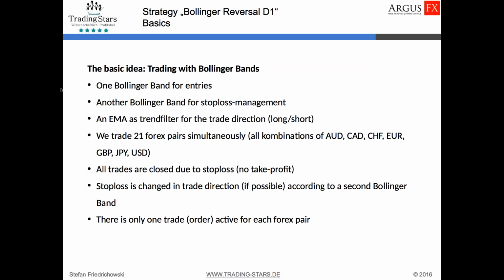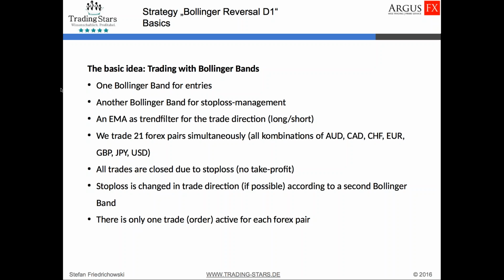So the trades themselves do not have a take profit, but the stop loss is changed in trade direction whenever it is possible, and the indicator for moving the stop loss is simply this second Bollinger Band. For each forex pair, there is always only one trade active.